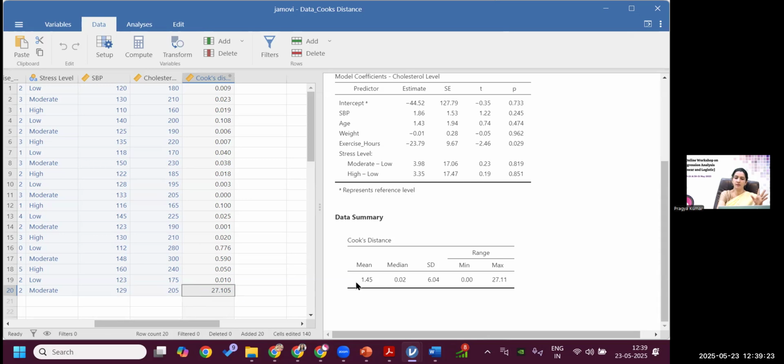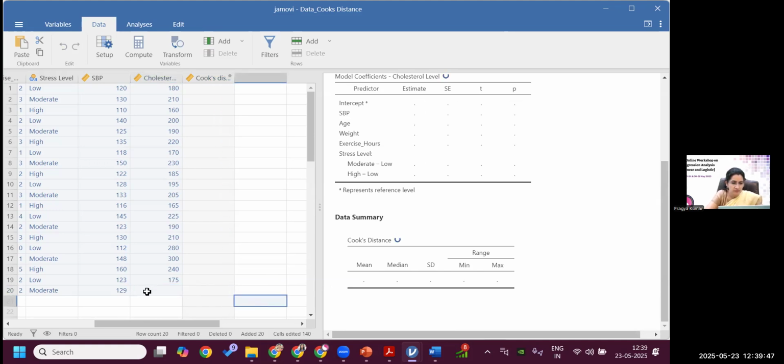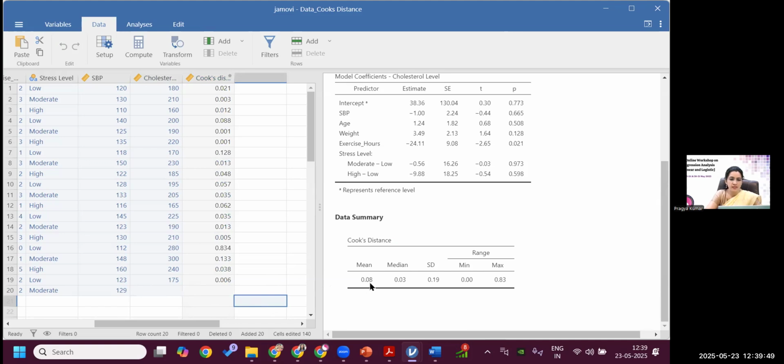Because of that, you will see here that it has dragged the mean also towards 1.45. If I delete this data, let's say I delete this cholesterol value, now you can see the mean has gone from 1.45 to 2.08.